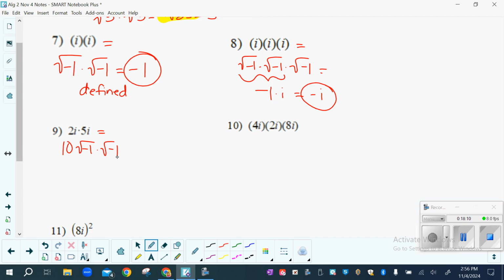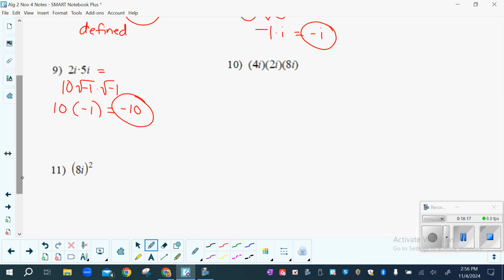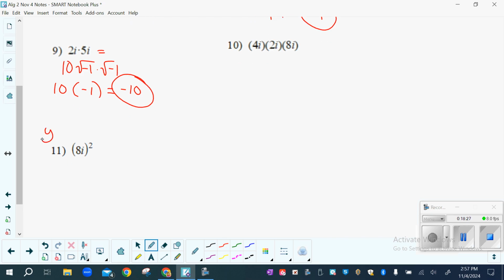So this is equal to 10 times -1 or -10. Does that make sense? Yeah. I know it's a little bit mind-blowing. I'm going to skip 10, and then I want you to do number 11. And then I'll come around and check that.